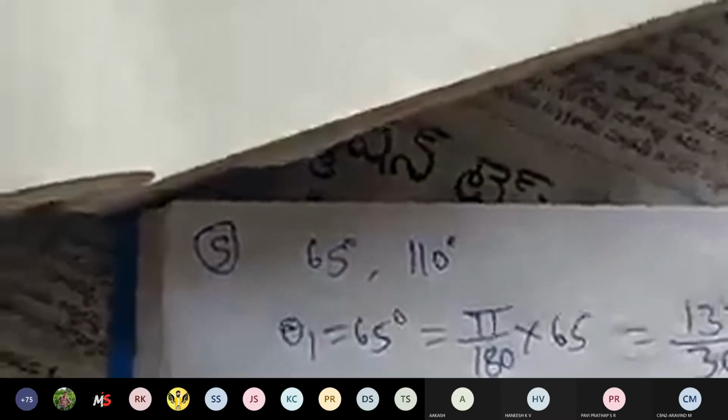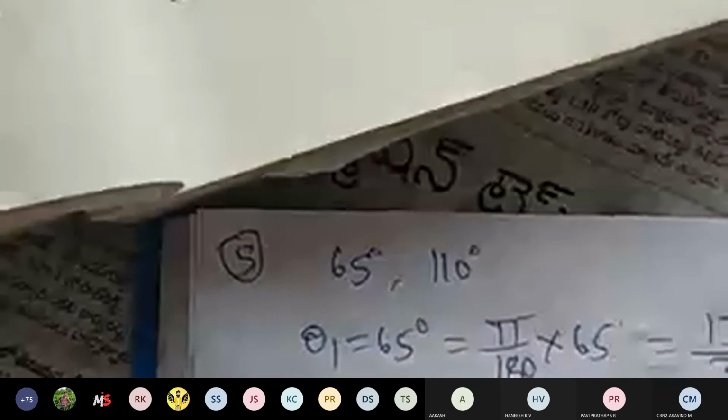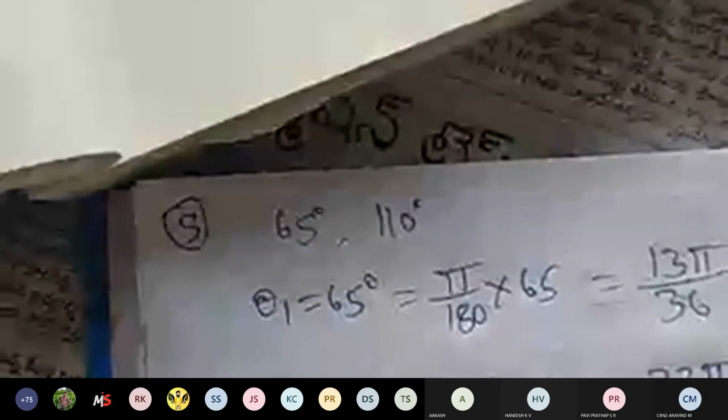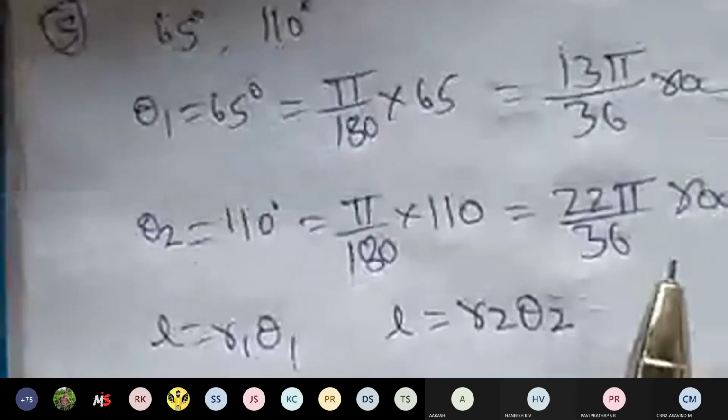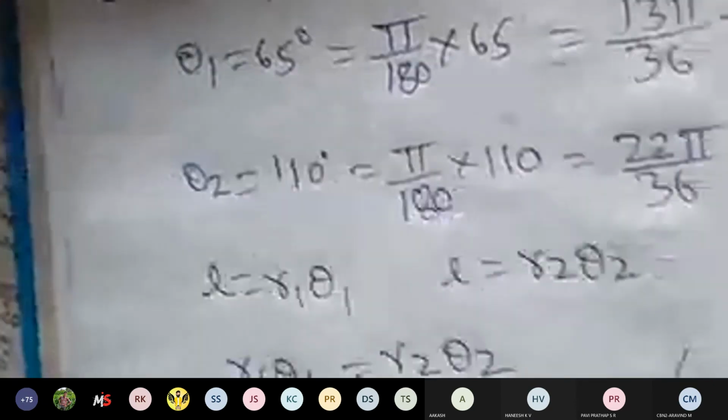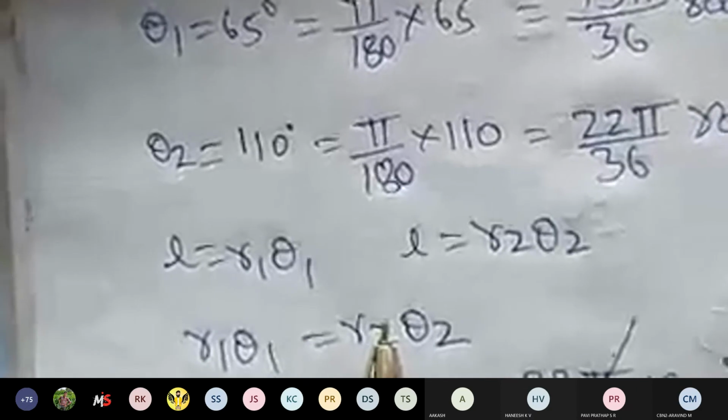The zeros get cancelled, so 11 by 18, that is 22 pi by 36. The same way you have to convert to get r1 theta 1 and r2 theta 2.